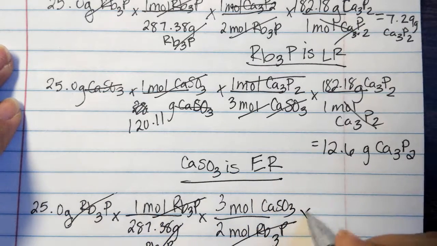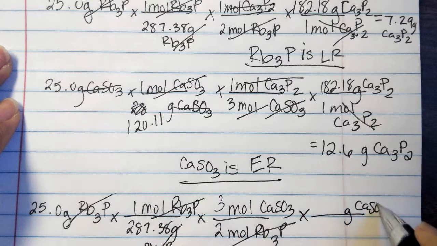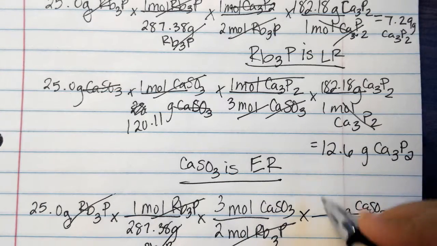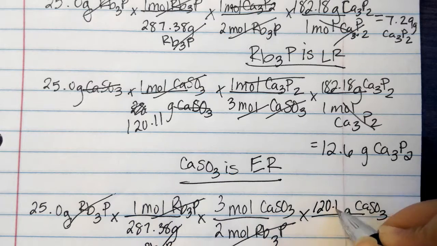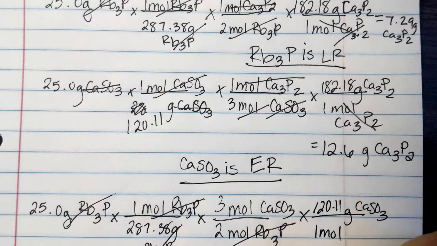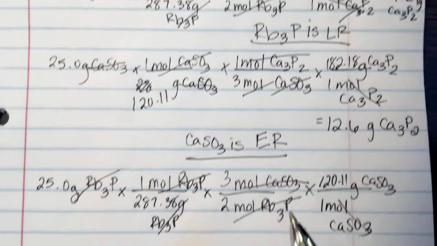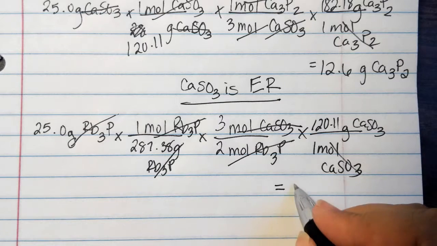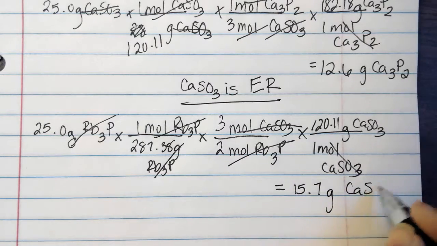And then I can pull this mass from what I've already calculated, or recalculate calcium sulfite's mass, which is going to be 120.11 grams for every 1 mole. Okay. And so when I plug this into my calculator, I'm left with 15.7 grams of calcium sulfite.